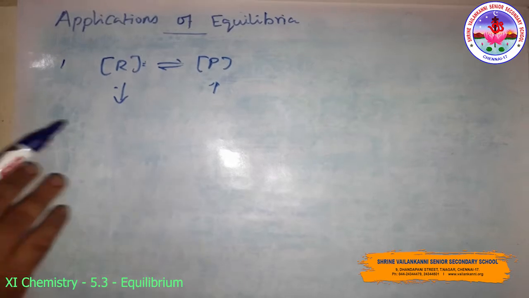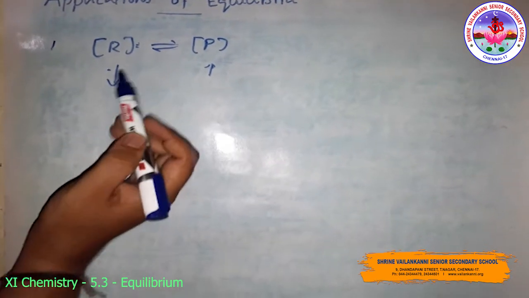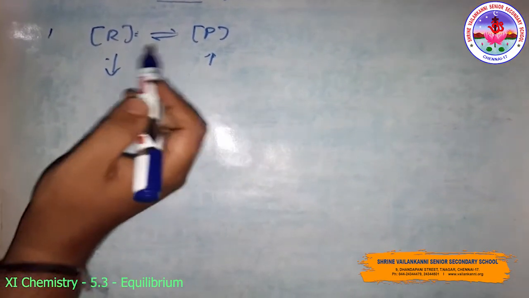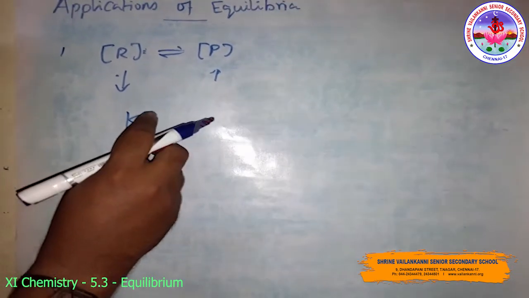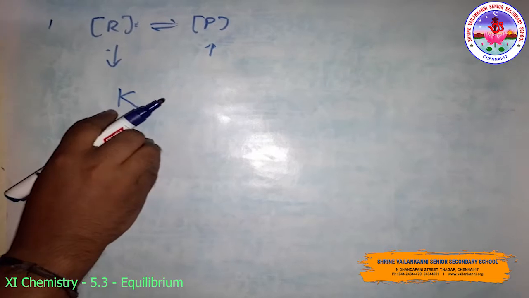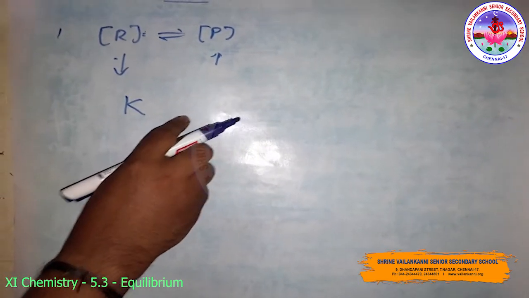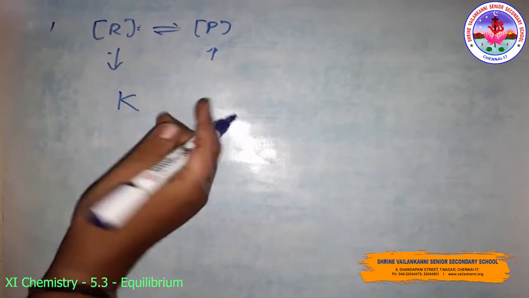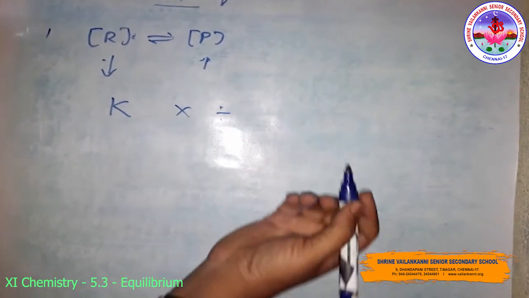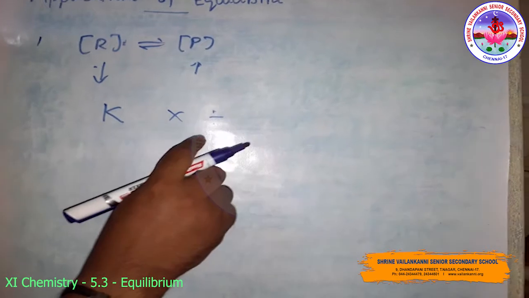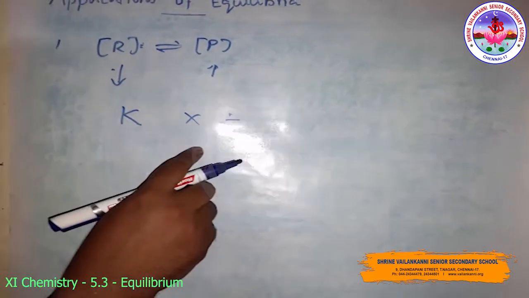And a very important point: the equilibrium constant K for a reaction is related to the equilibrium constant of the corresponding reaction whose equation is obtained by multiplying or dividing the equation for the original reaction by a small integer.